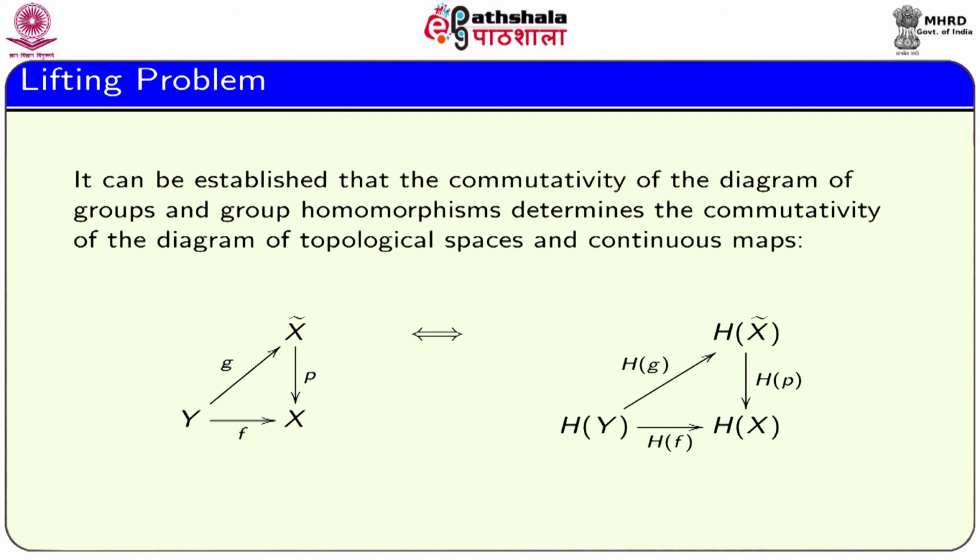On the other hand, if a diagram is given in the algebraic setup, we can shift it back to a diagram in the topological setup. We shall eventually show in this course that the fundamental groups, the simplicial or singular homology groups which we are going to construct, are all examples of functors. By this, we want to end this module.